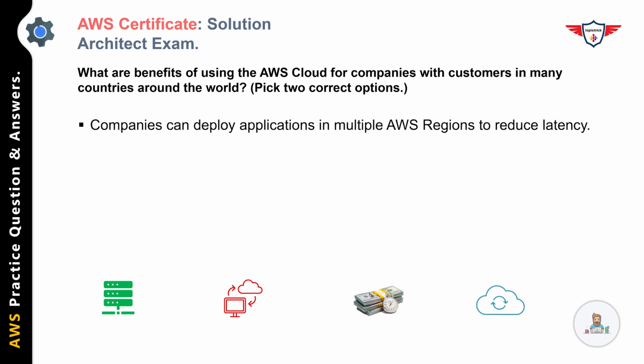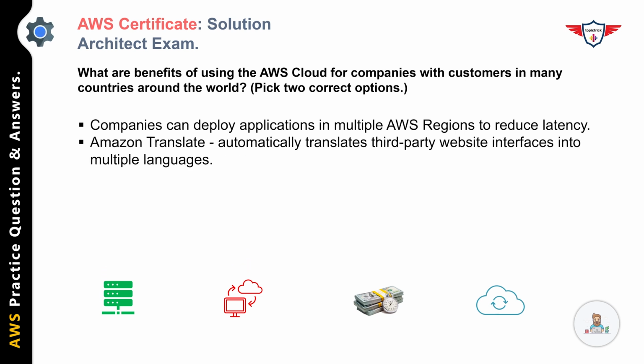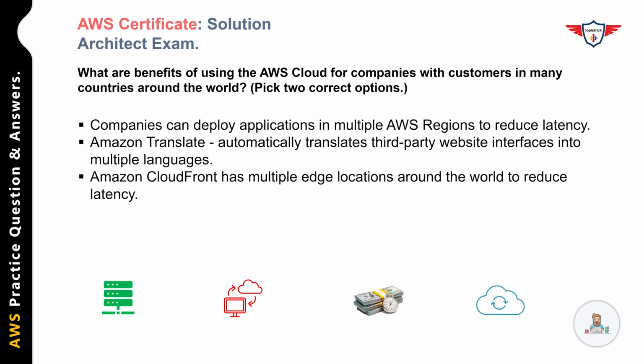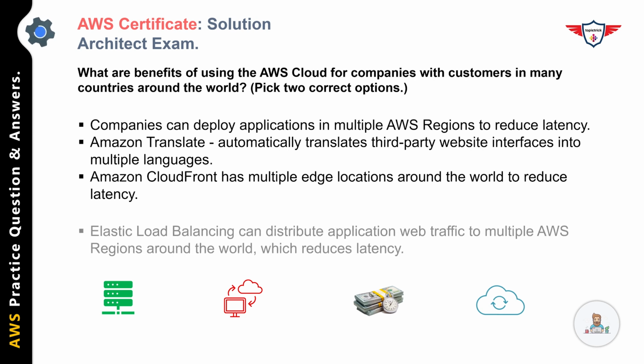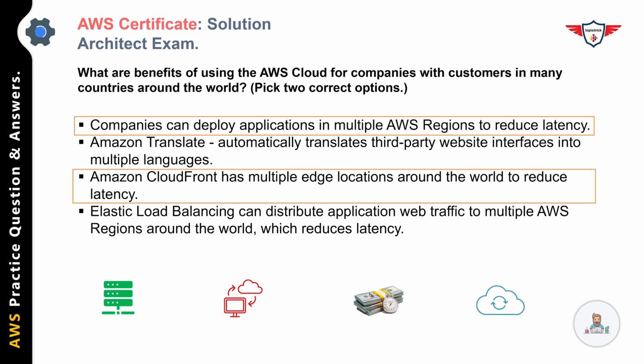The options are: the company can deploy applications in multiple AWS regions to reduce latency; Amazon Translate automatically translates third-party website interfaces into multiple languages; Amazon CloudFront has multiple edge locations around the world to reduce latency; and the last one is Elastic Load Balancing can distribute application web traffic to multiple AWS regions around the world, which reduces latency. The correct answer is the company can deploy applications in multiple AWS regions to reduce latency.